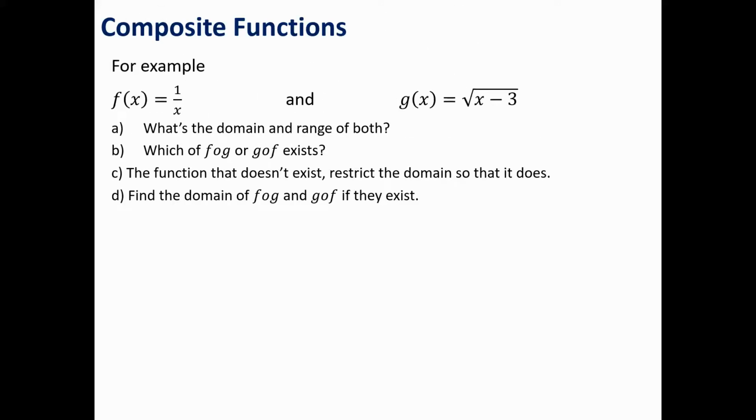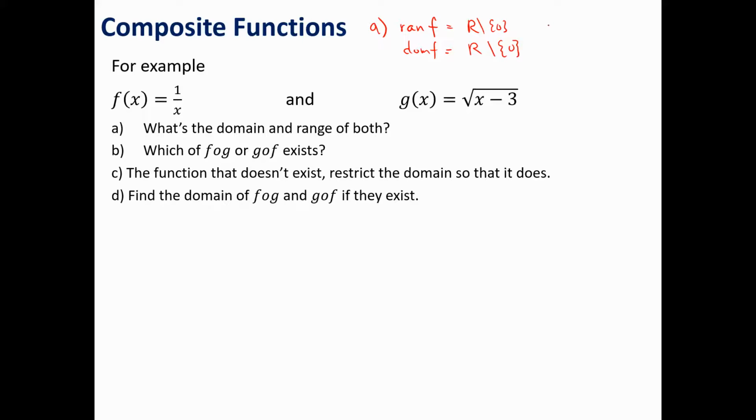Alright, here we go. Let's have a look. A. Hopefully you got the range of f as all real values except 0. Domain of f is all real values except 0 again.